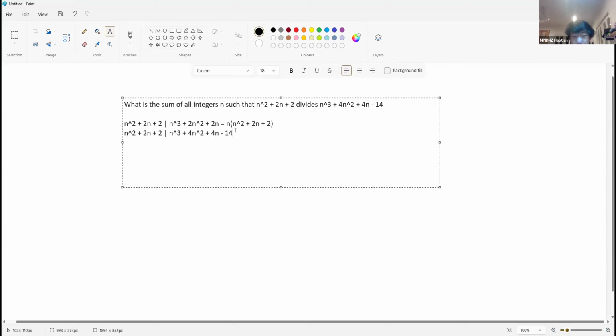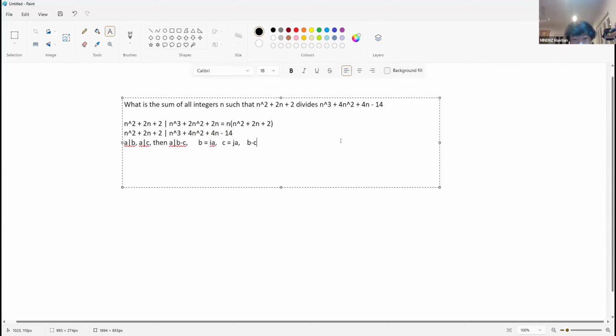And then we also know that n squared plus 2n plus 2 divides n cubed plus 4n squared plus 4n minus 14. And because this thing divides this and this, it also divides their difference, right? If a divides b and a divides c, then a divides b minus c. If anyone needs a recap, that's because b is equal to something times a, and c is equal to another thing times a.